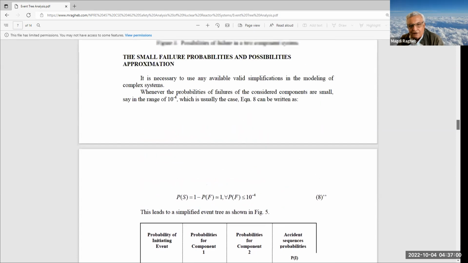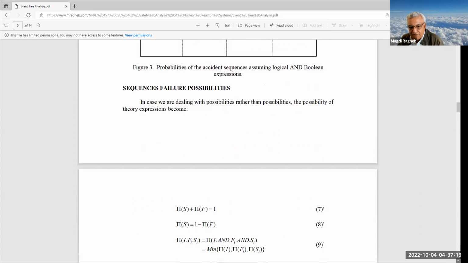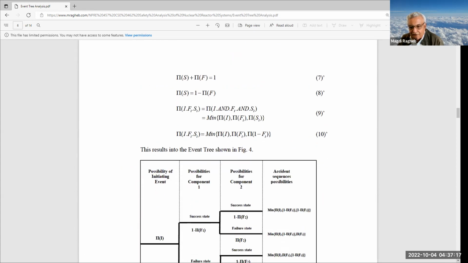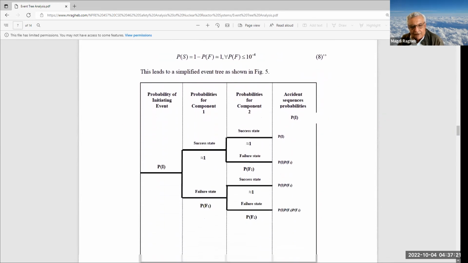So you could see here now that your tree is highly simplified. And instead of having that whole sequence here, this is 1, this is 1. So this is the probability of the initiating event, and the tree is simplified. So simplification is the essence of good engineering in general.